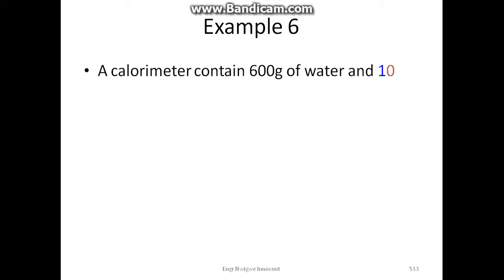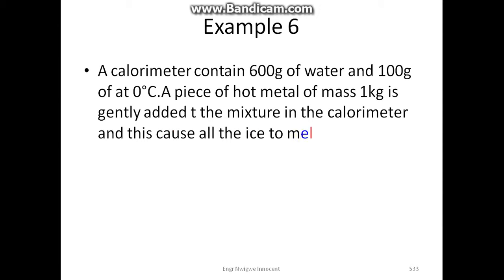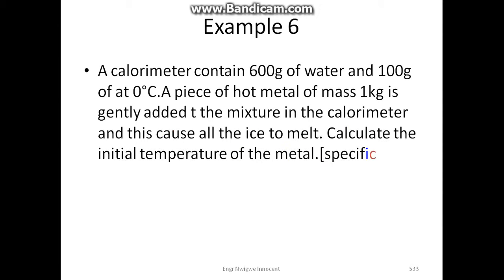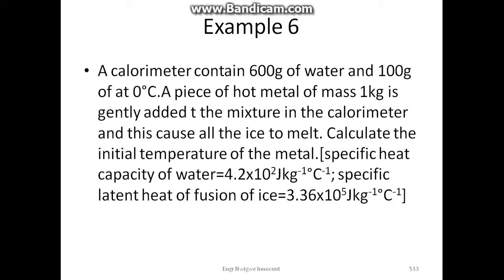Example 6. A calorimeter contains 600 grams of water and 100 grams of ice at 0 degrees centigrade. A piece of hot metal of mass 1 kilogram is gently added to the mixture in the calorimeter, and this causes all the ice to melt.